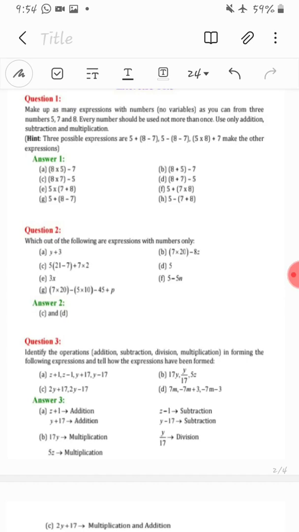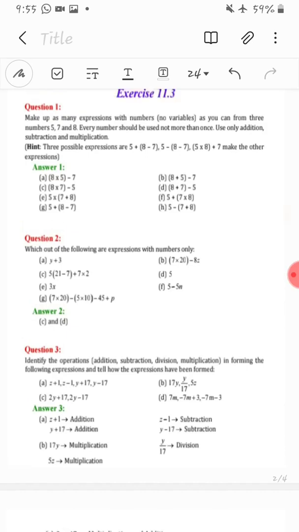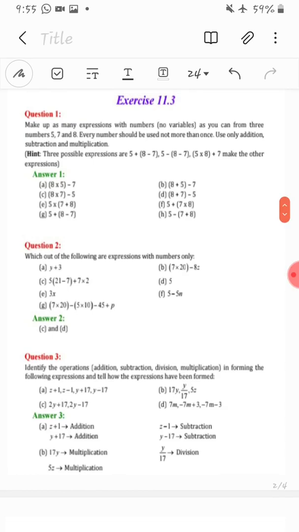As we can see, 17 and y have no sign between them. Always remember, when a constant and a variable are together without any sign, they are multiplied. That means 17 into y is 17y, so here the operation is multiplication. Then y by 17, so it is division, and 5 and z, again multiplication. Now let's proceed to 3c.